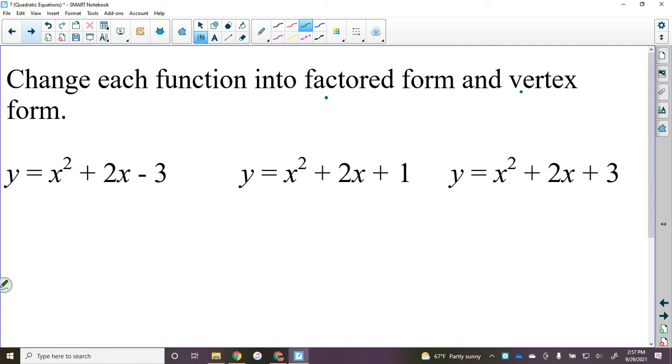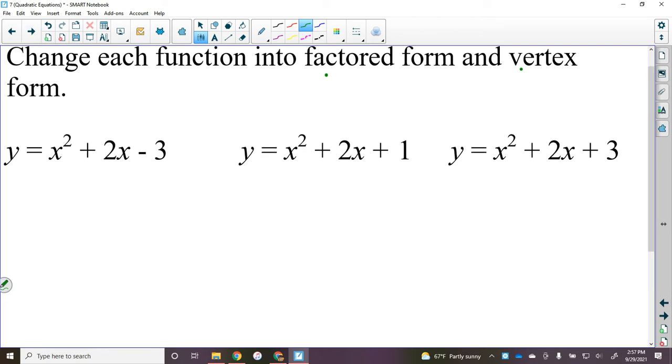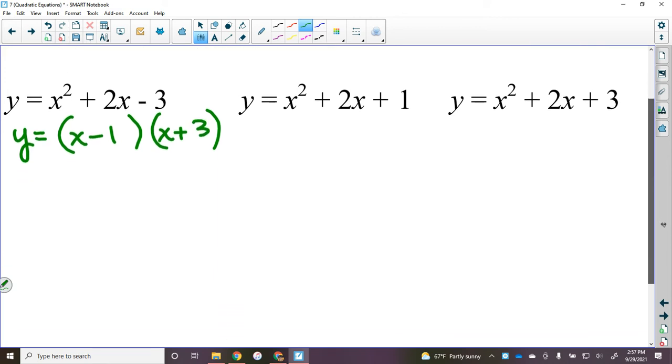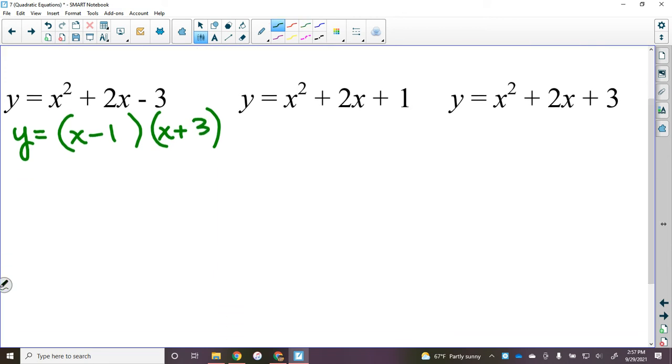The factored form should be easy. What was this one in factored form again? X minus 1, X plus 3. Now, it's changing it into vertex form that you have to do completing the square on.